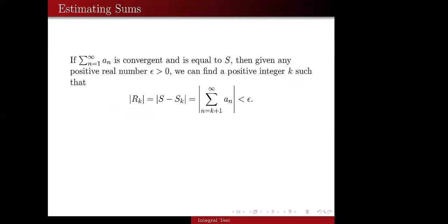You can always find the sum of the first k terms such that the remainder R sub k will be less than your chosen epsilon. Meaning, we can always make this R sub k as small as we want. And that will mean that your S sub k will be as close as possible to the actual sum.